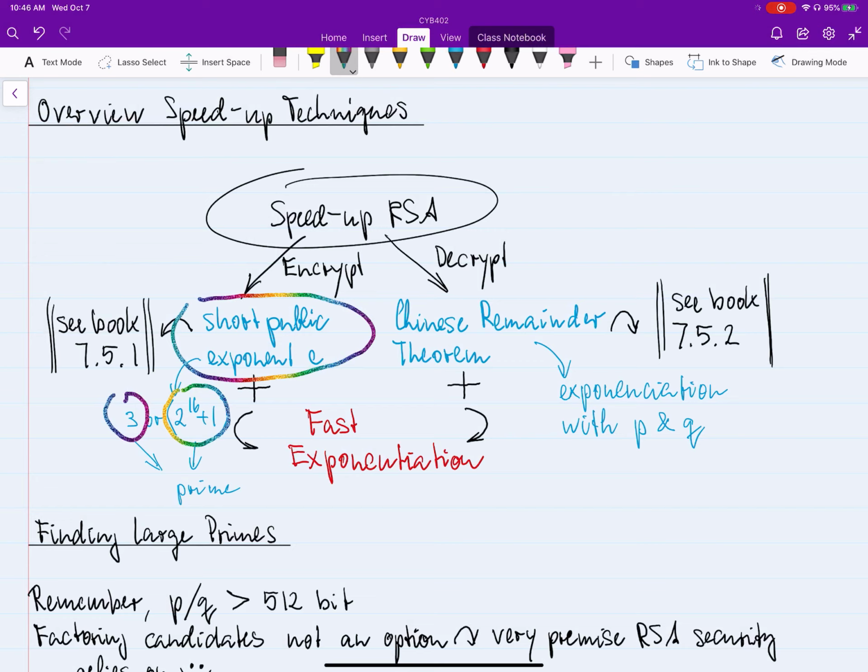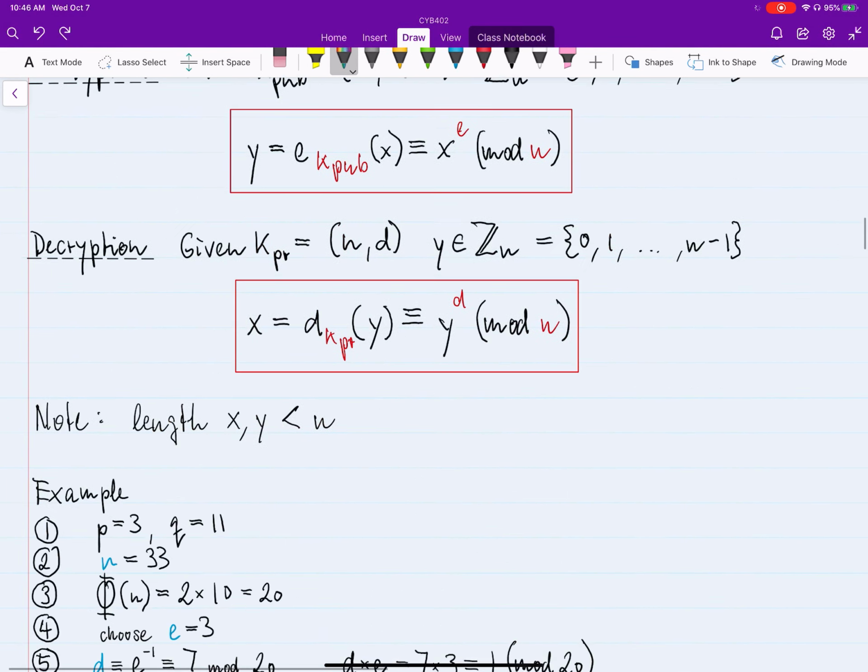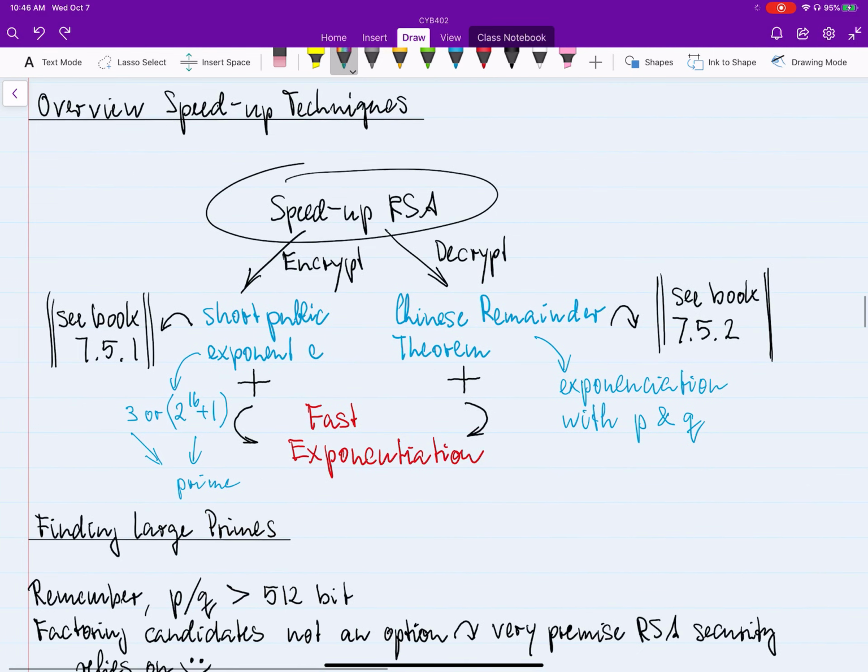Both are prime numbers, and both are popular choices. Sorry for this thing jumping back here. So obviously exponentiation with a relatively short exponent, and the base is the plain text, makes encryption already way faster.